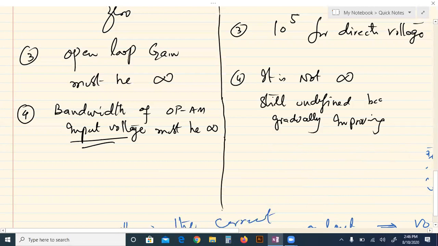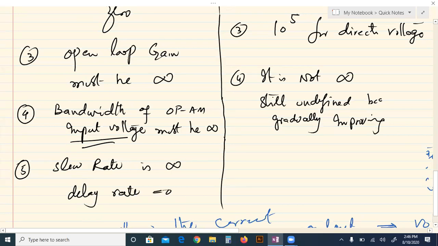And number five, the last, the response speed, which is called the slew rate. Ideally its slew rate is infinity, meaning its delay is 0. If there is fluctuation in the input voltage, there will be no delay in amplification, in processing. But practically, it is 10 volt per 1 microsecond.